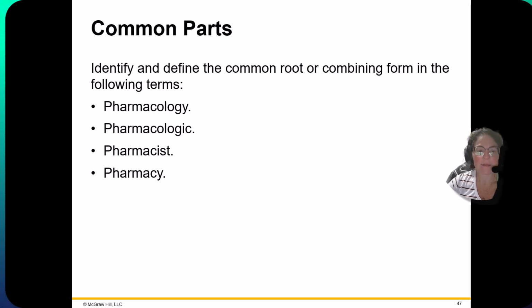And then take a look at this. When it comes to pharmacology, we've got, you can see, a base word, pharmac. But there's some different suffixes that change the meaning of the word, giving you different definitions. So take a look in your book. What does pharmac mean? And then the rest of it. What do each of those suffixes mean, and putting it all together.